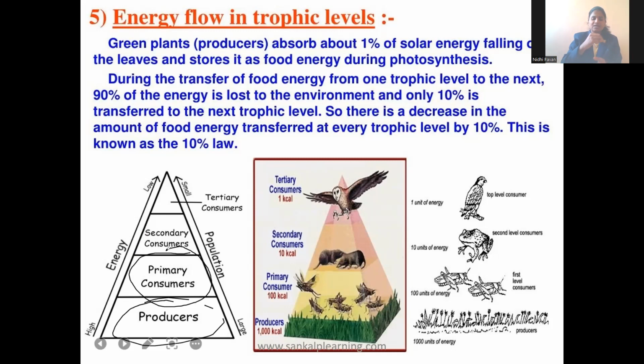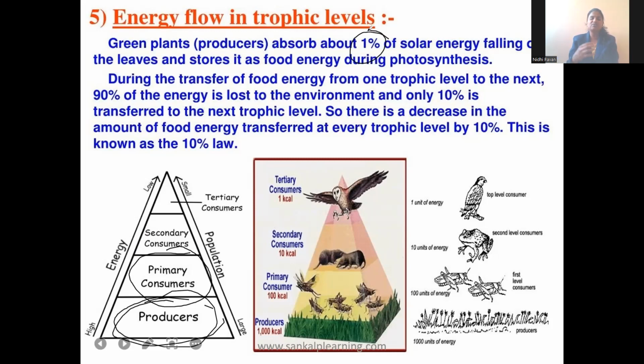First of all, producers prepare their food with the help of photosynthesis. Among the solar energy falling on them, they will use only 1%. Using that 1%, they undergo the photosynthesis process and prepare their own food.